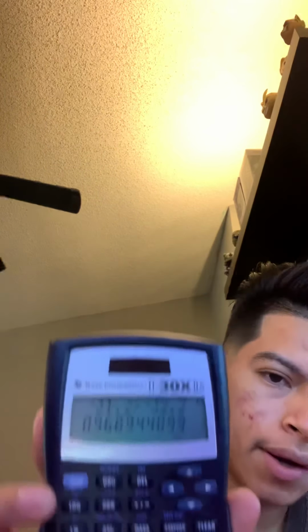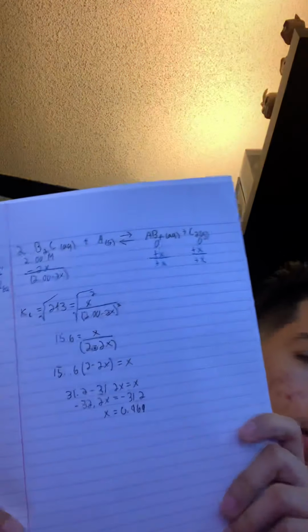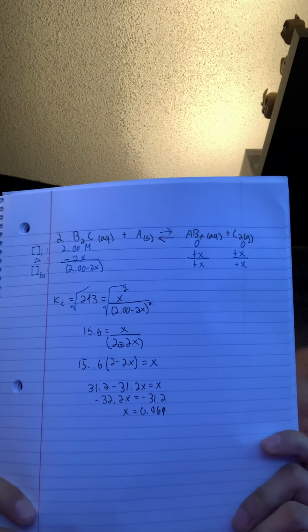Okay, and our x is equal to 0.969. Here's my algebra for my x.